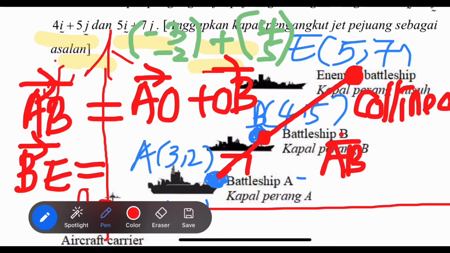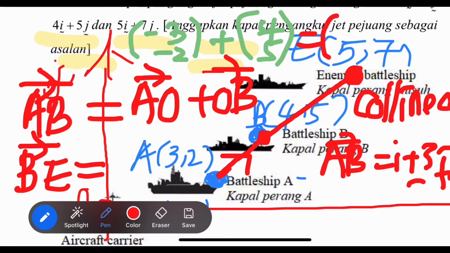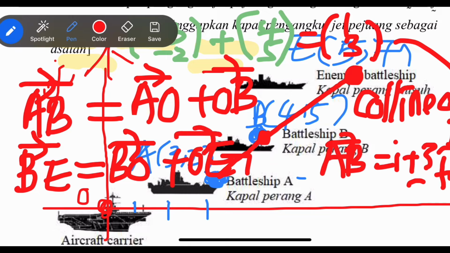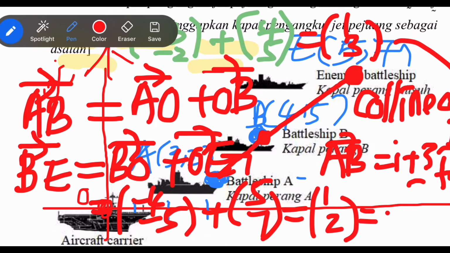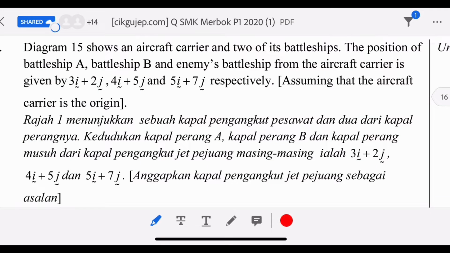And then for BE, I will substitute: we have OB is 4, 5, so it will be negative 4, negative 5 for BO, and then you plus the 5, 7, and you simplify, you will get your vector BE, which is 1, 2, right? So your vector BE is 1, 2, so you can convert to i plus 2j. In fact, you can use a vector column to solve first before you convert to i and j.